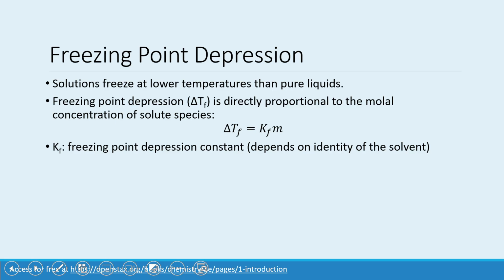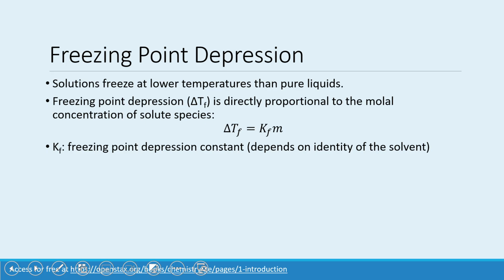Okay, so very similar to boiling point elevation, we've got freezing point depression. So just like the boiling point increases with a solution compared to the pure solvent, the freezing point is going to go down. Okay, so we have basically the same equation.